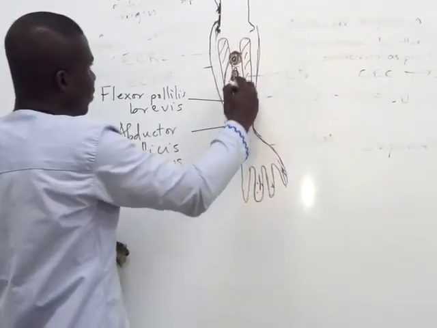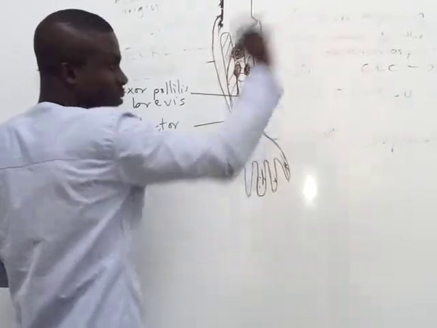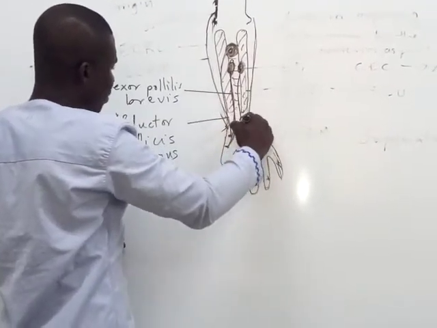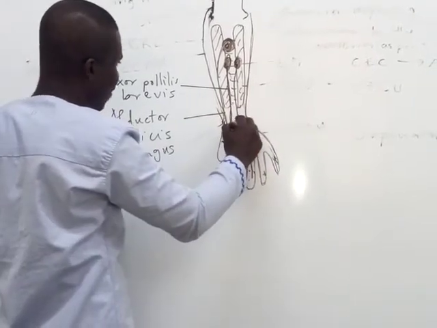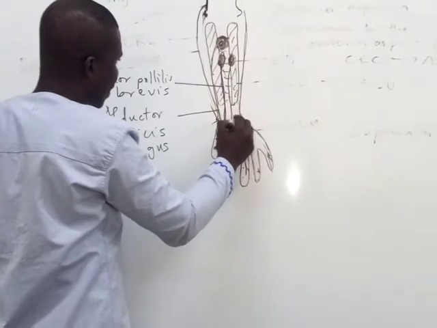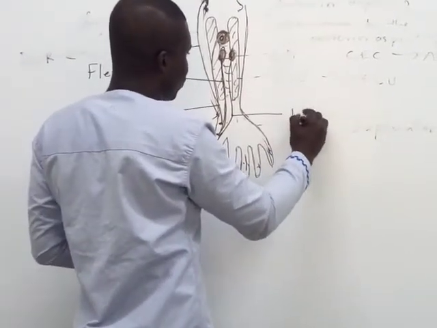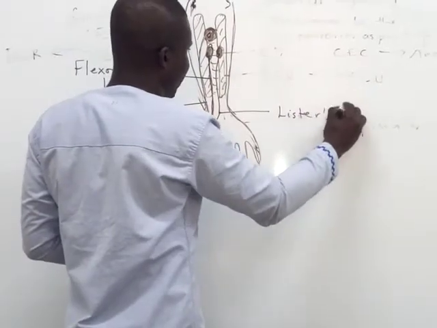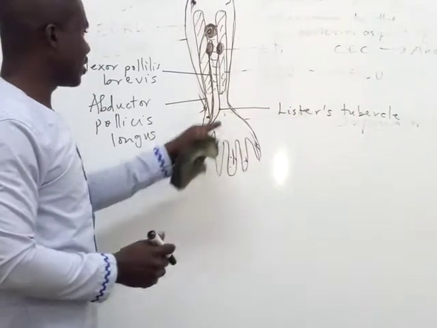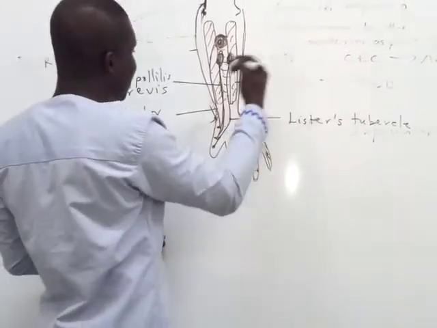Now, one from almost the same level, but this time around from the ulna, because it comes all the way from the ulna side, coming all the way, but turning around where we saw the dorsal tubercle, Lister's tubercle. So the Lister tubercle serves as an anatomical pulley to this muscle, and this muscle is the longer muscle.